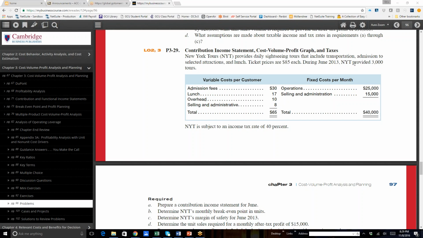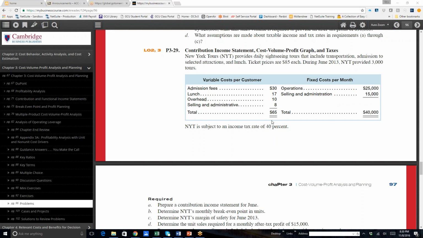And they provided 3,000 tours. Obviously that's going to be variable, because you can have a varying amount of tours provided, right? So that's the first part, the 3,000 times the 85, okay?